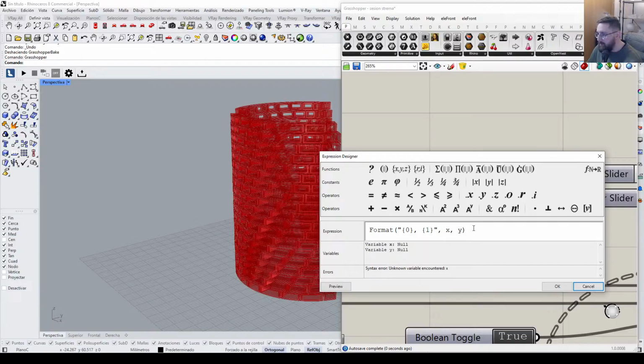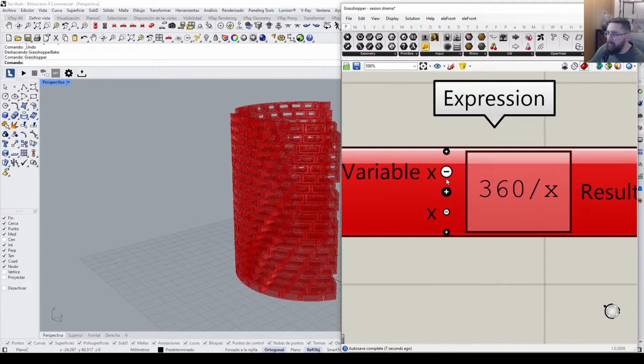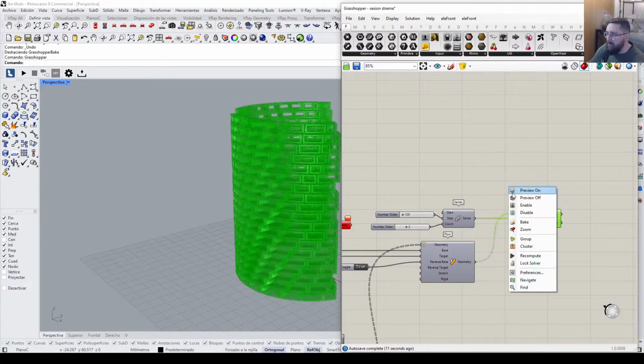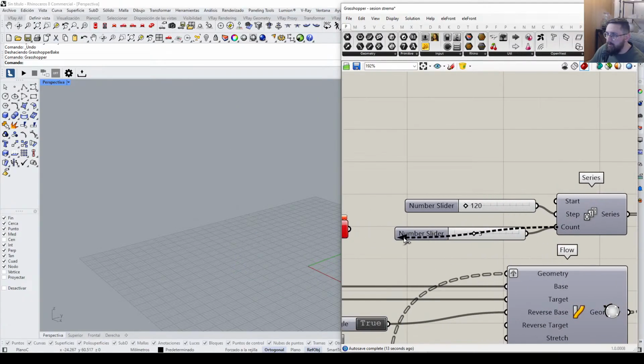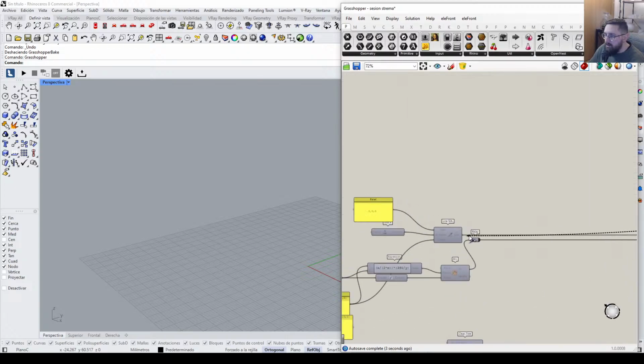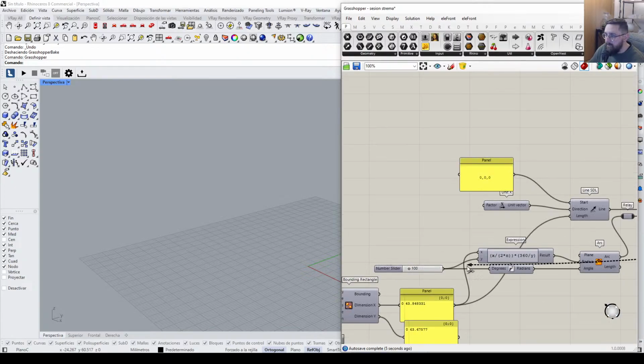Sorry. 360 divided by x. Let me just turn this off. Count. This is going to be connected to this one here.